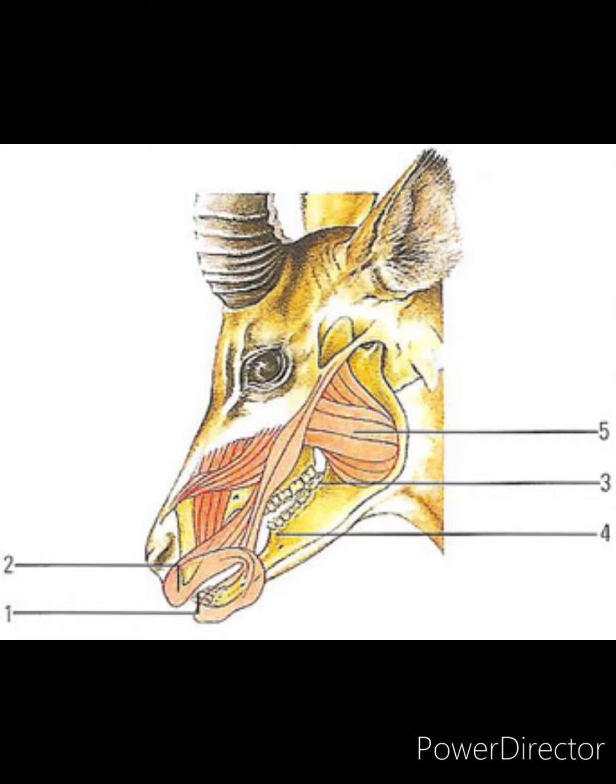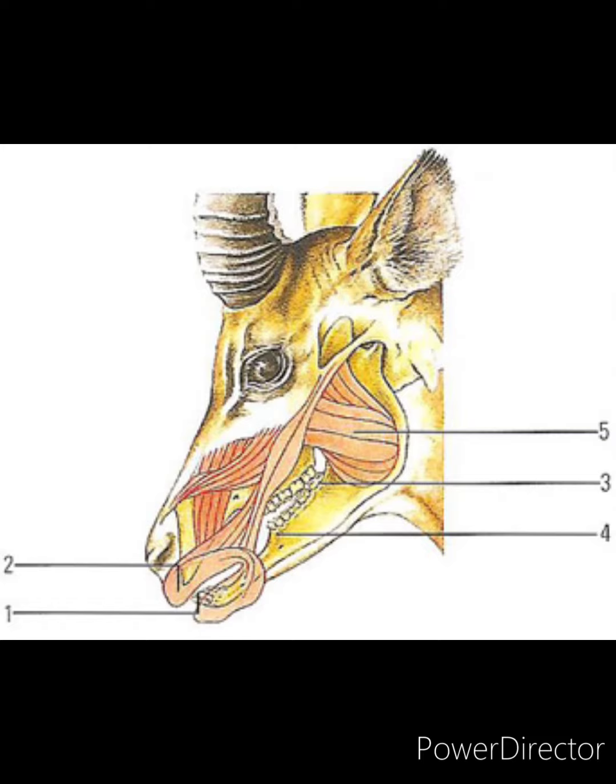When grazing, an impala grabs vegetation between its spade-like incisors, number 1, and the hard upper pad, number 2, and pulls it up rather than biting it off. The molars, number 3, are ideal for chewing.